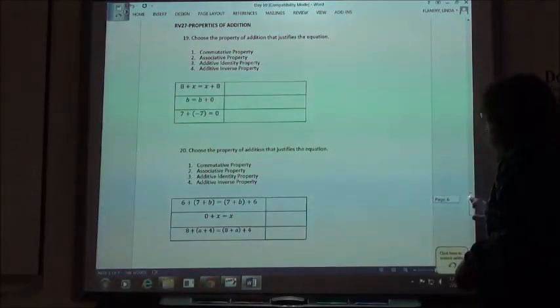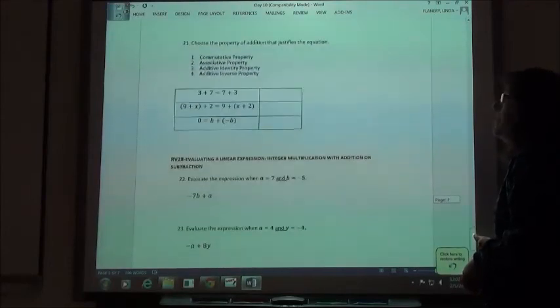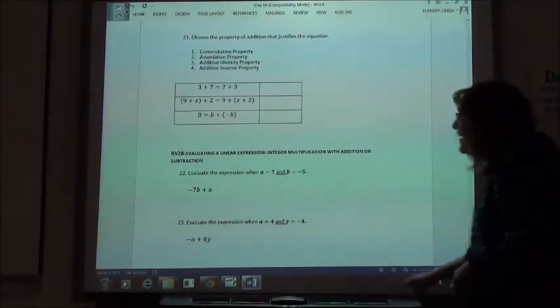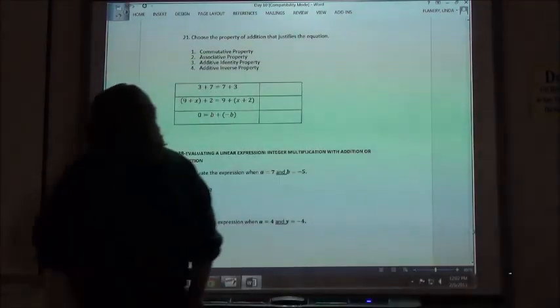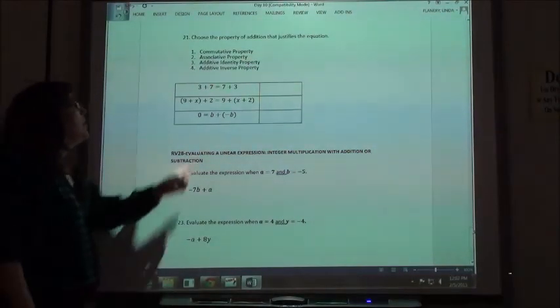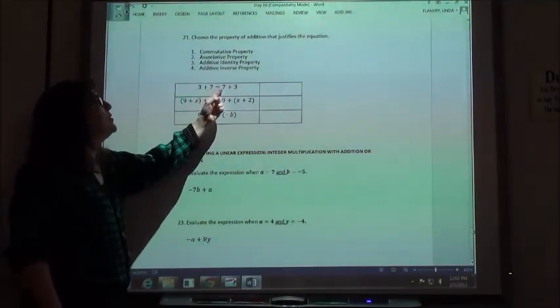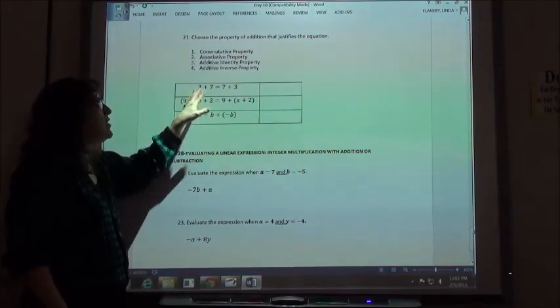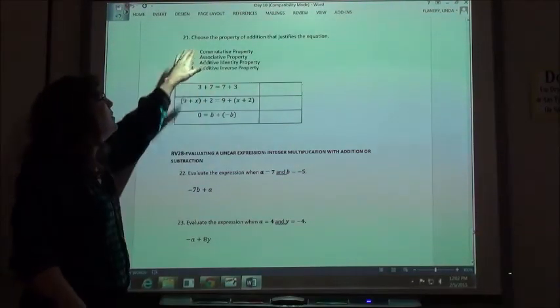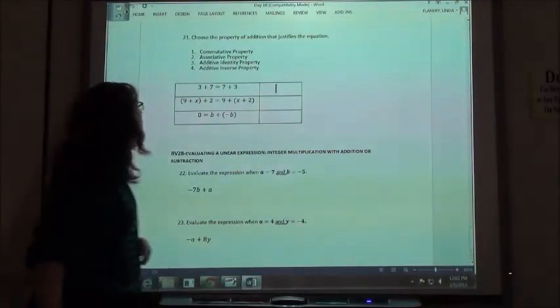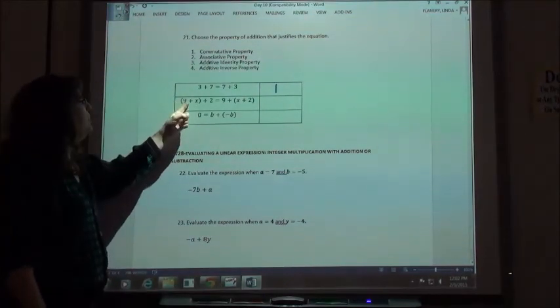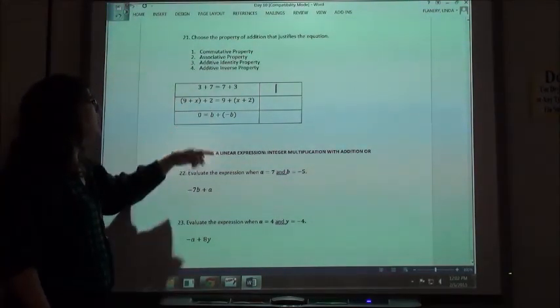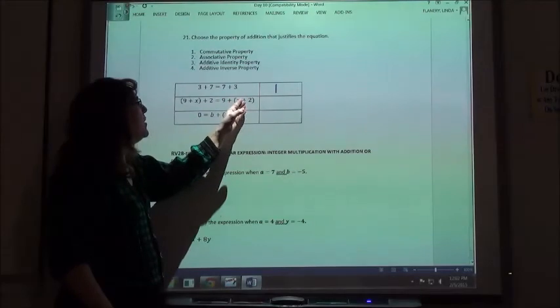So we're going to do one last one here, at least of the properties, and we're going to pick out what properties we have. So 3 plus 7 equals 7 plus 3. They've just switched the order around. Commutative property. 9 plus x plus 2 equals 9 plus x plus 2.